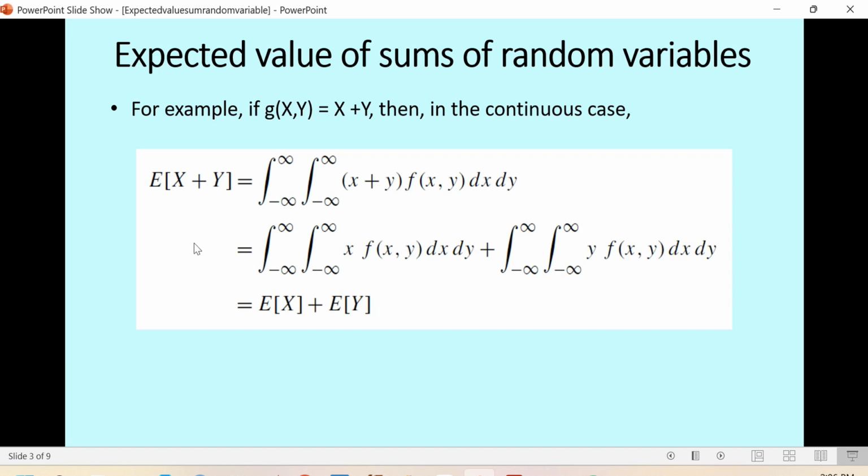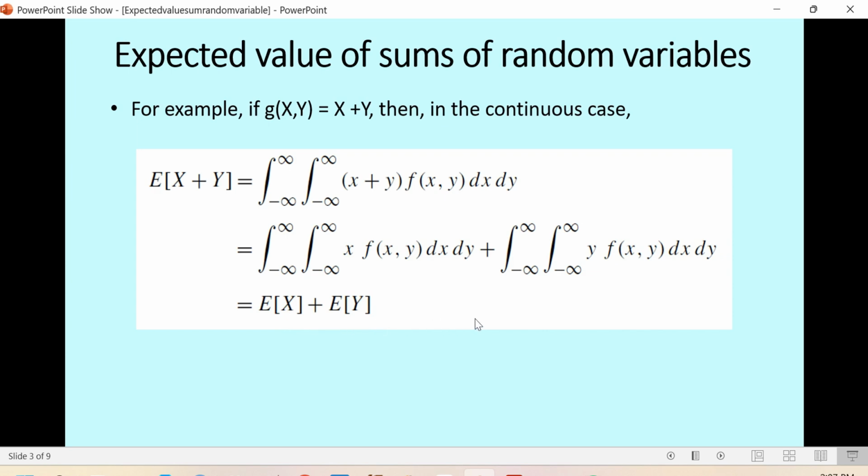If we divide this expression into two parts, the first part and the second part equal E[X] and E[Y] individually, right? So this means the mean value of x plus y can be expressed as the mean value of x plus the mean value of y, right?